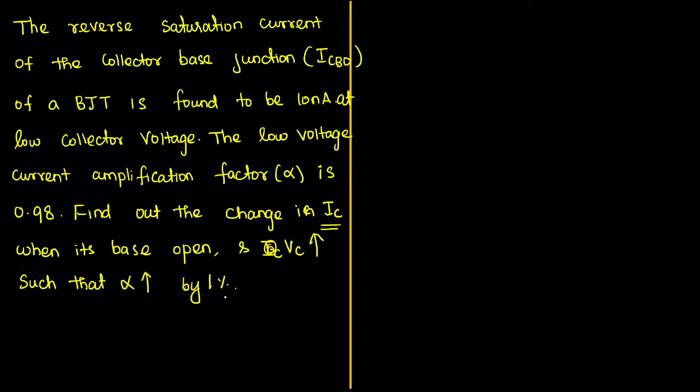What is the change in the value of collector current?